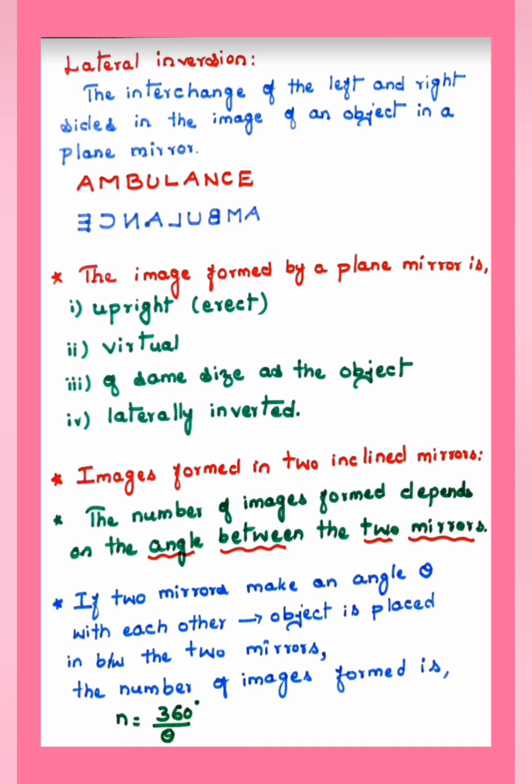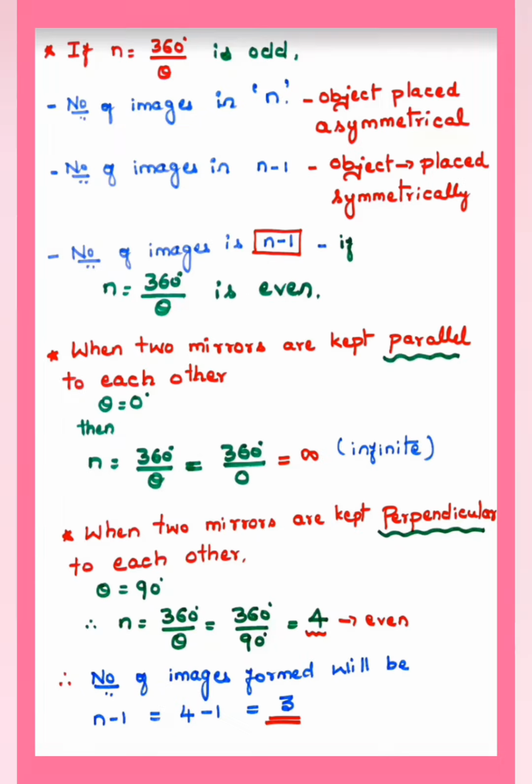So if the 2 mirrors are at a 90 degree angle, substitute the value of 90 degrees here and you can calculate. The points to be noted are: if N equal to 360 by theta is an odd value, meaning for the given value of theta, if you calculate N and get an odd number as the answer, then you have to finalize the number of images based on these points.